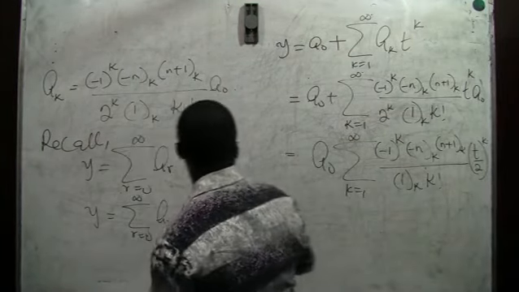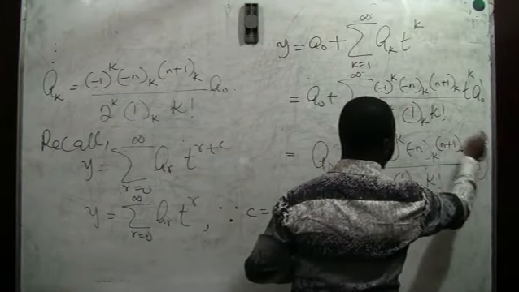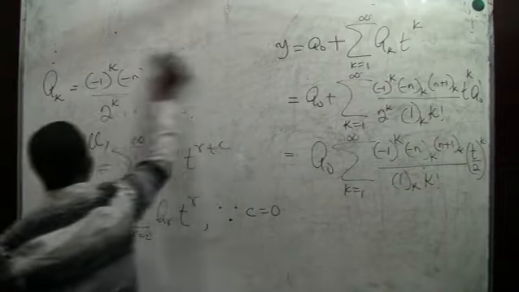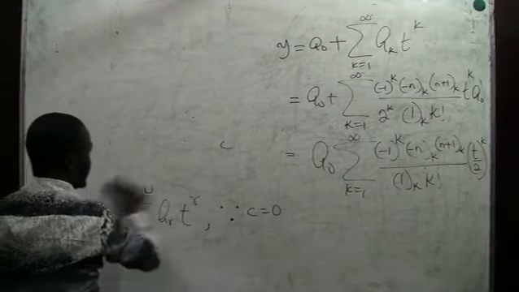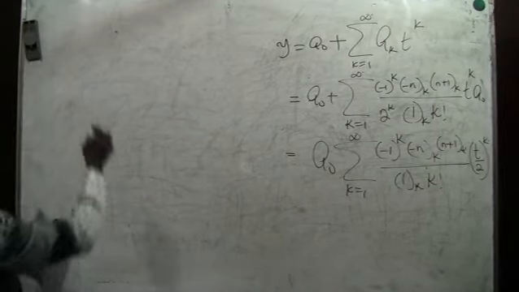The minus 1 can also be put together with t, since they have the same power. Law of indices takes its course at that point.